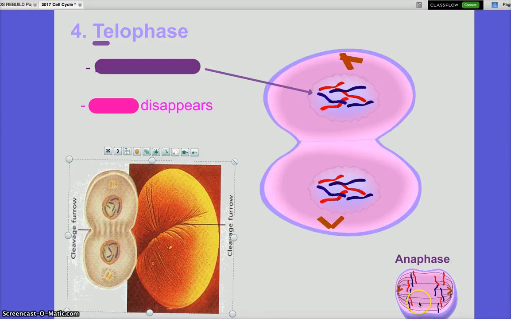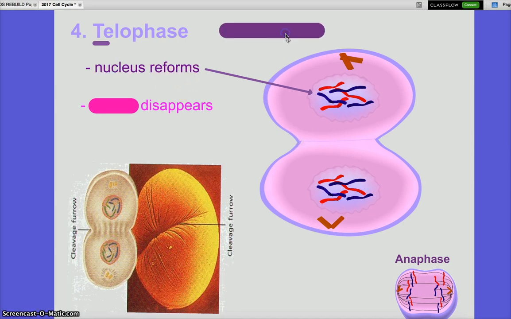Anaphase looks like this. What starts to happen in telophase? Tell me everything you see. The chromatids, they go inside their own little thing. Correct. What's that thing called? The nucleus. The nucleus actually reforms. You see the border forming, and they're going to be confined to that area.